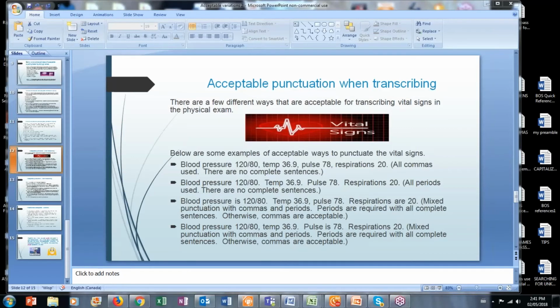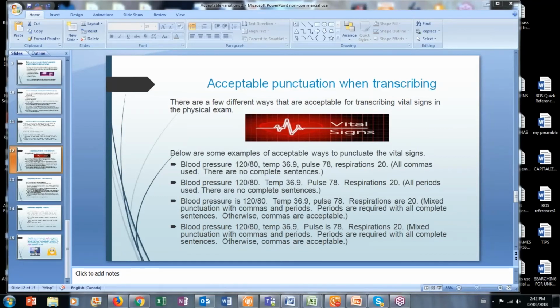So you would have blood pressure 120/80, comma, repeat 120/85, semicolon, temperature 36.9, semicolon, pulse 78, semicolon, respirations 20. Anytime you have an internal comma used, you need to use semicolons to separate each item.